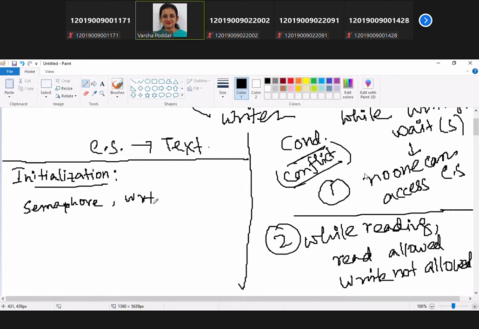So when WRT is waited, then no one will be allowed to enter. Other than that, we have a mutex, that is another semaphore, and we have a read count, which is equal to 0 initially. Read count means we will use it to track how many readers are reading. More than one can, right? So we will just do plus plus and increase it. Okay.